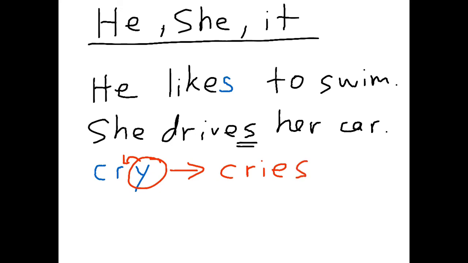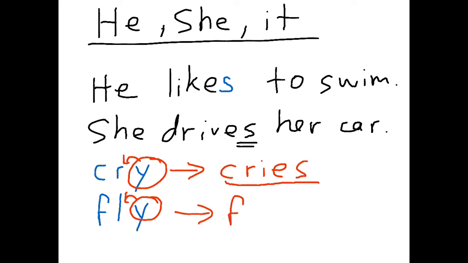So cry. I cry, you cry, but he cries. Same thing for fly. We have a verb ending in Y preceded by a consonant. So he, she, it flies. There's also the verb to go.